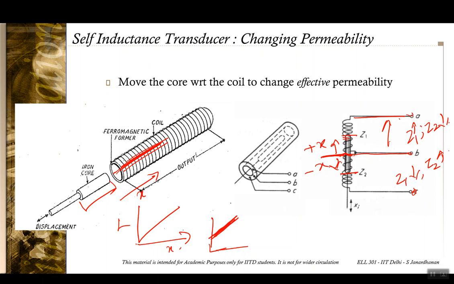So effectively the inductance of this part is increasing and the inductance of this part is decreasing, and so Z1 minus Z2, if you take this as a measurement, will give you an idea of the displacement x. Note that now Z1 minus Z2 can be negative or positive, and hence you can sense the direction of motion also.